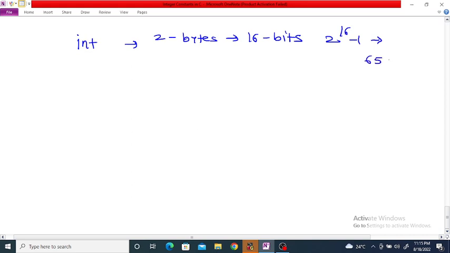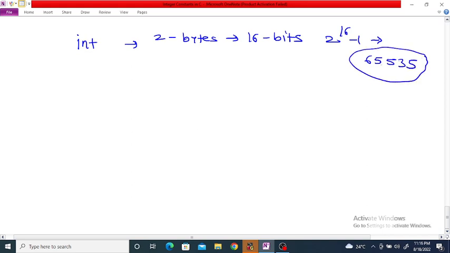So again I am going to write here a summary. An integer contains 2 bytes of memory, which is 16 bits. So you can store up to 2 raised to 16 minus 1, which is 65,535.